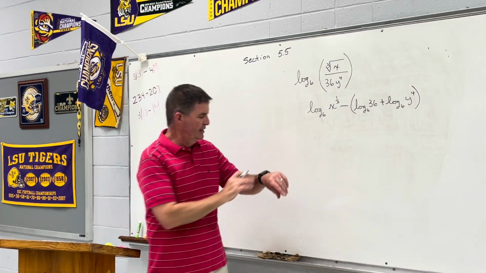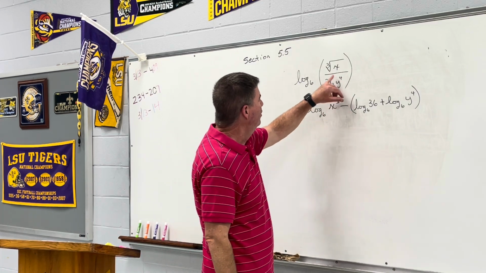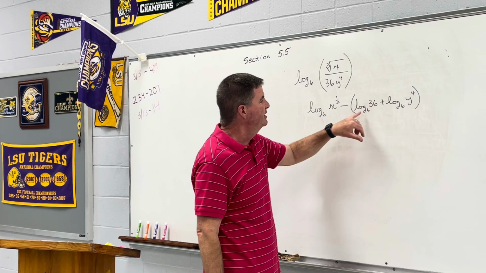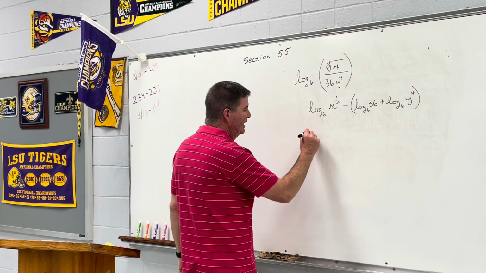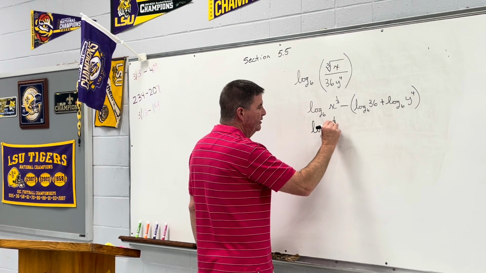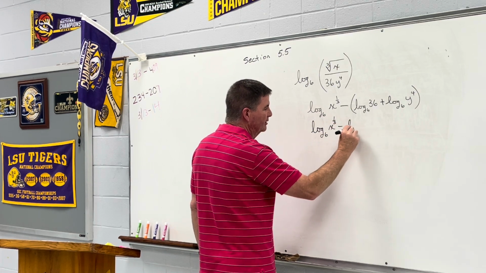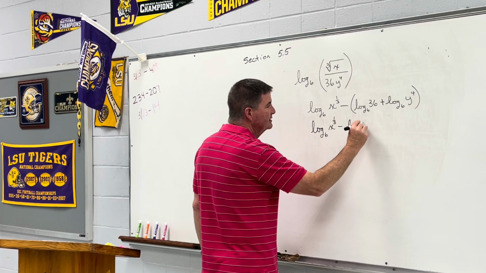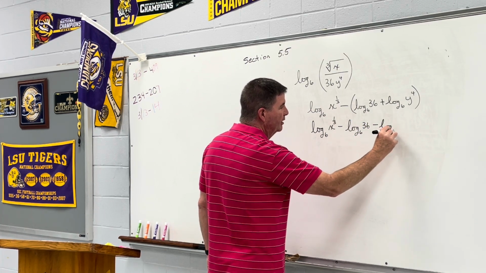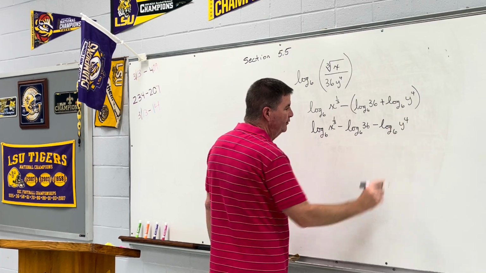But as you can see, the whole thing is at the bottom, so this is going to be distributed to both. So we'll have log base 6 of x to the 1/3 minus log base 6 of 36 minus log base 6 of y to the 4th.